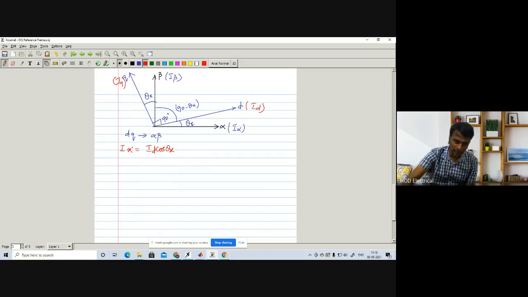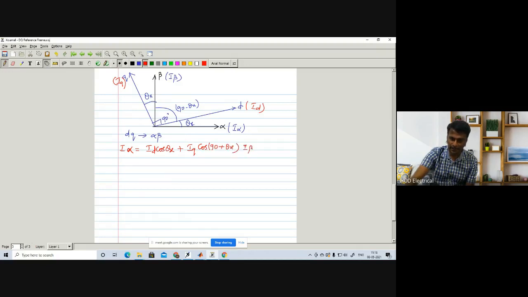I am going to convert dq to alpha beta. Therefore, I have written d with respect to alpha, then q with respect to alpha. What can I write? Iq into cos of 90 plus theta x.